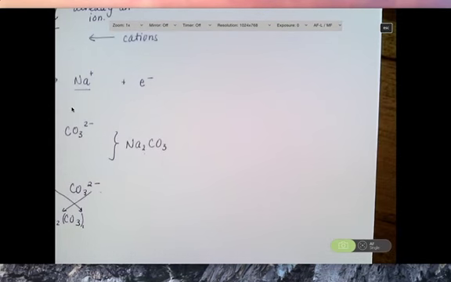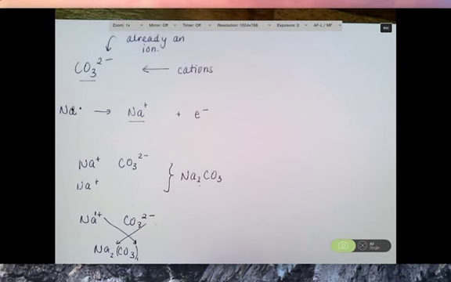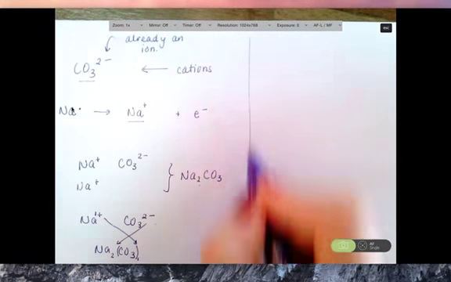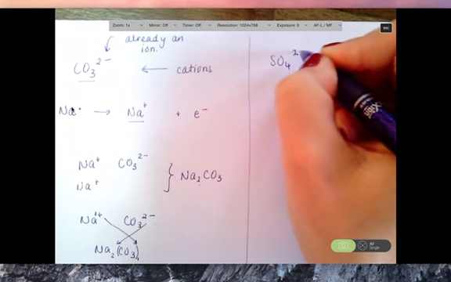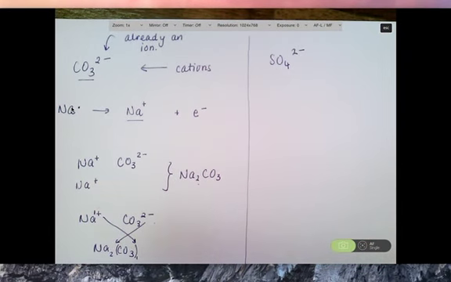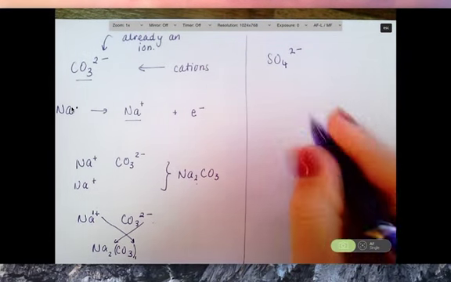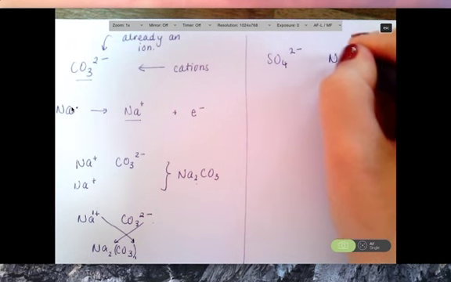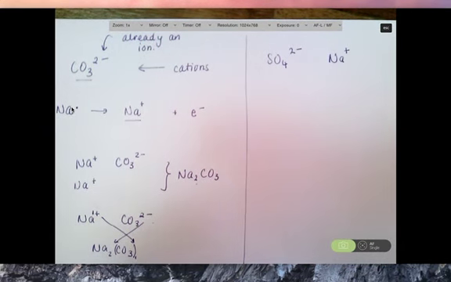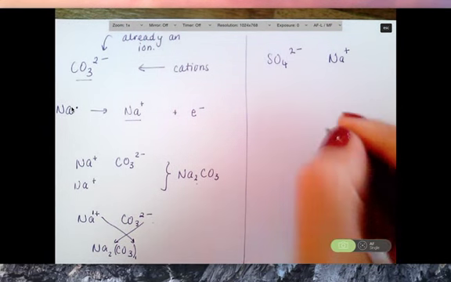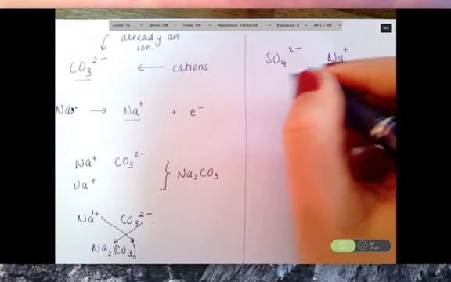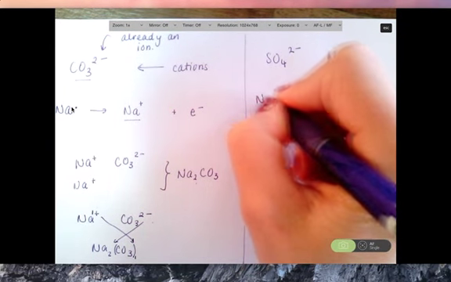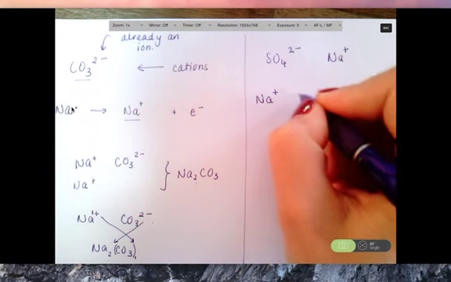While we're on a roll with sodium, we might as well see what sodium compounds look like with all of these polyatomic ions. We've got sulfate here. Sodium loses that 1 electron and becomes the sodium ion, and the cation always goes first.